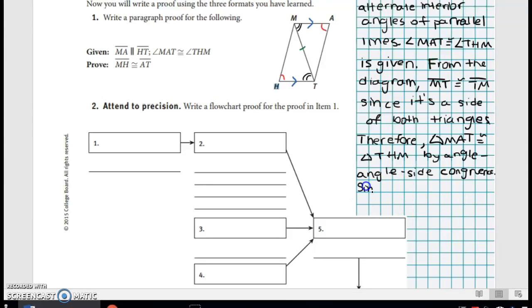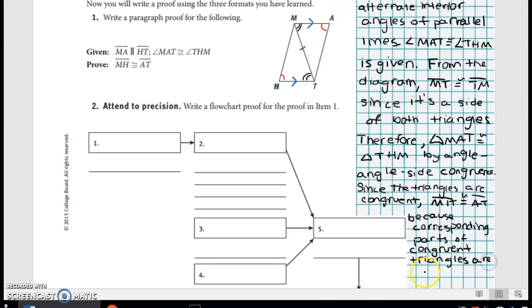So since the triangles are congruent, I now know that segment MH is congruent to segment AT because corresponding parts of congruent triangles are congruent. And that is my paragraph proof.